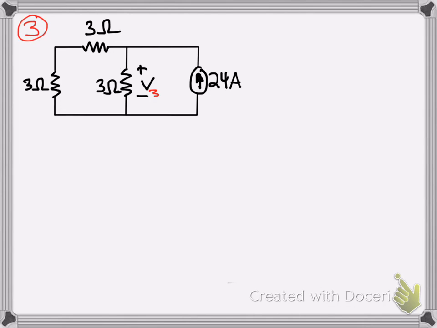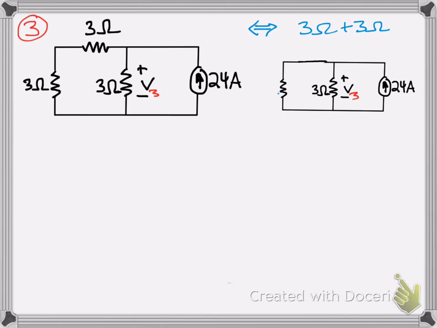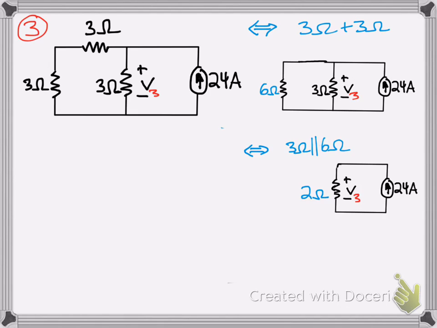Then we've got the third circuit problem. We reduce it down once more. 3 and 3 is 6, so we get 6 ohms there, since they were in series. Now this circuit is in parallel. 6 in parallel with 3 is 2. Then we have V equals IR, right? But notice how V3 was not reduced when we were doing the equivalent circuit. V3 stayed in the same place.